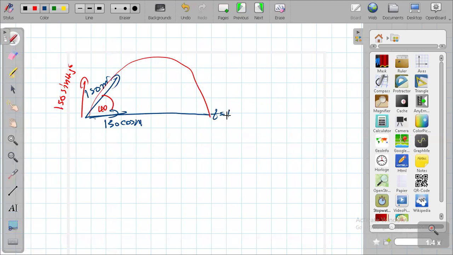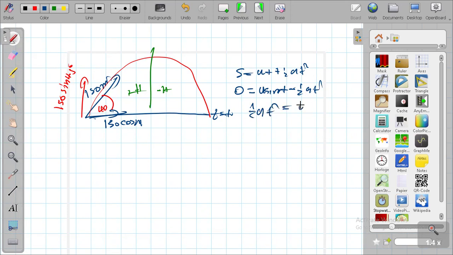At the total time, the vertical displacement is zero. So use s equals ut plus half at squared: 0 equals u sine theta t minus half g t squared. Half g t squared equals u sine theta times t. The t cancels, and T becomes 2u sine theta over g. Okay?